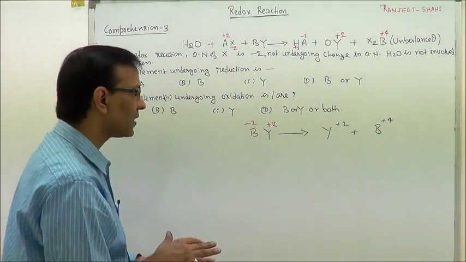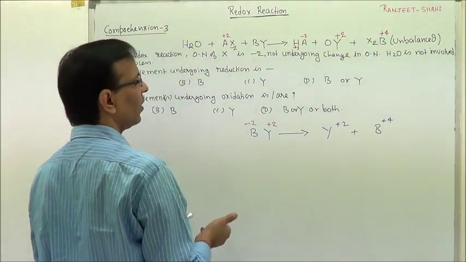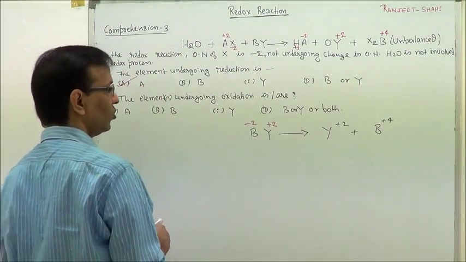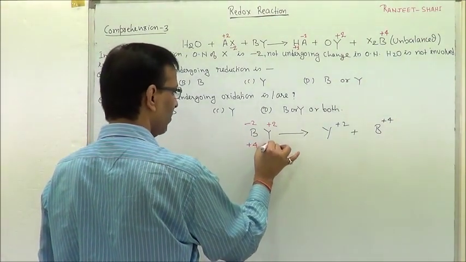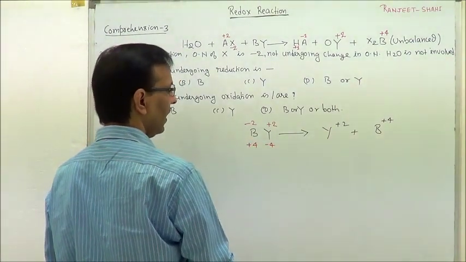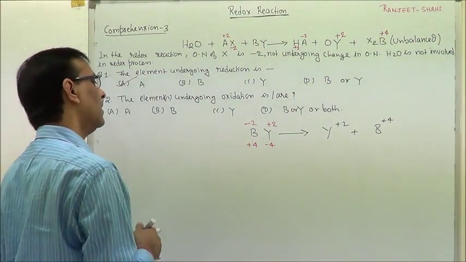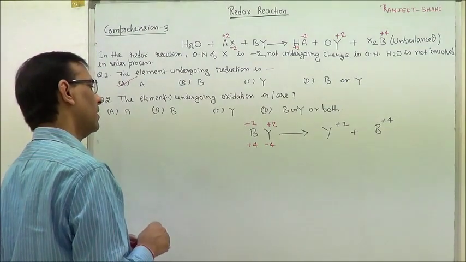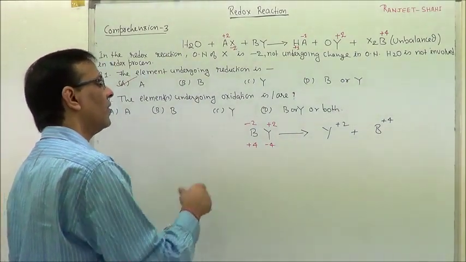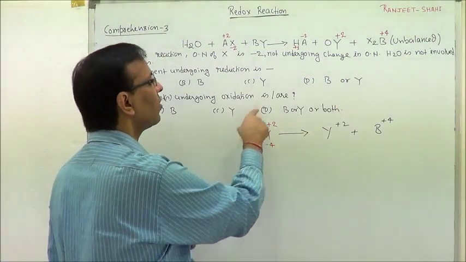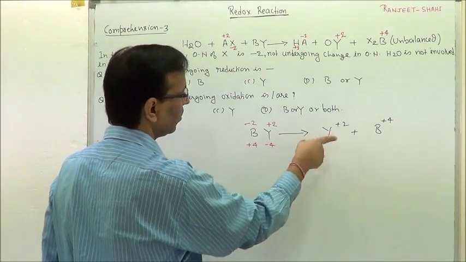If we reverse this, if we say that B is not undergoing any change, so B is plus 1, plus 4 on two sides, so Y is minus 4, and minus 4 to plus 2, it is oxidation. It is also possible. So in first instance, B is undergoing oxidation. In second instance, Y is undergoing oxidation.